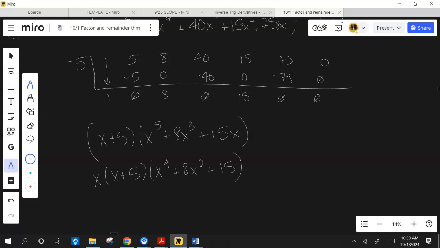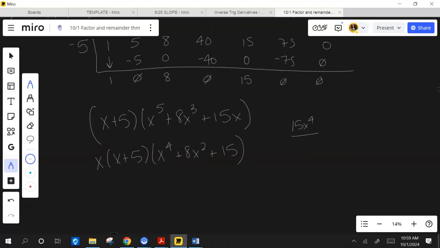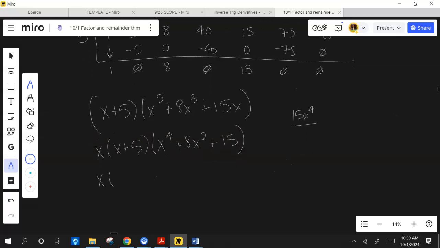I got quadratic form again, right? What multiplies to 15x to the 4th, but adds to 8x squared? Emily says 5 and 3, and he would be absolutely right. I know, I'm sorry.